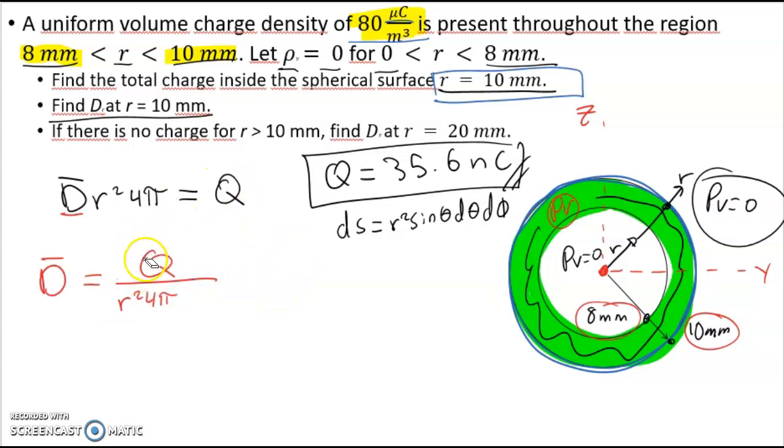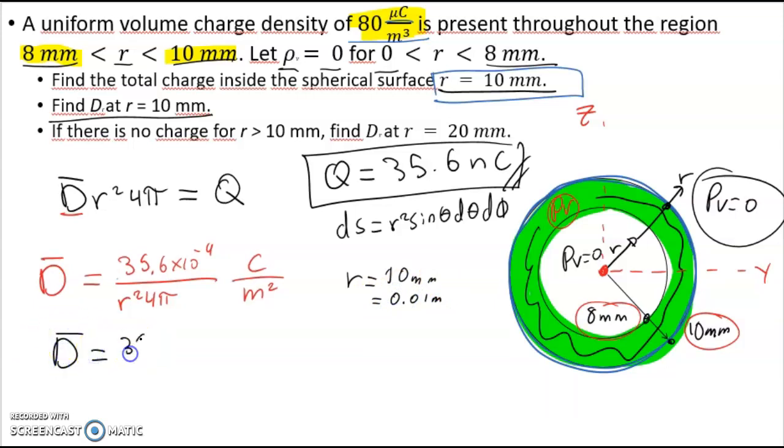We know that Q is 35.6 nanocoulombs, and D will be in coulombs per square meter. For part B, we replace when radius equals 10 millimeters, that means 0.01 meters.